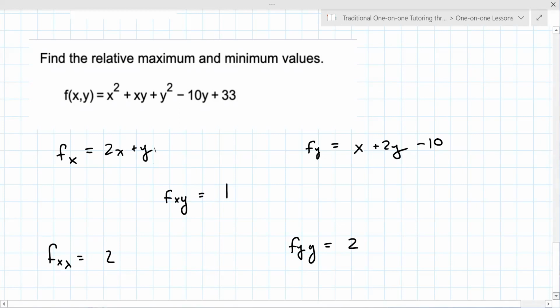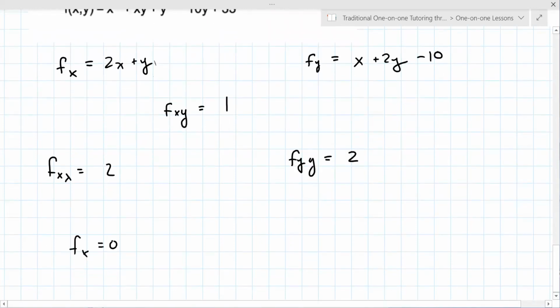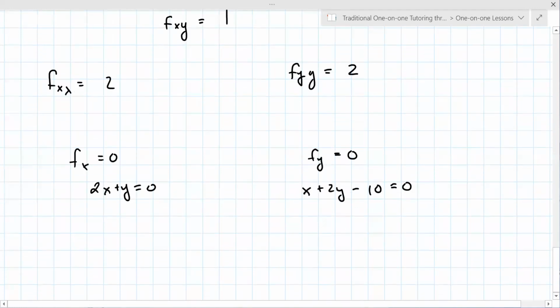So your process now is to set fx equal to 0 and fy equal to 0. These lines up here basically. Think of it as a system. Sometimes the system is nice, sometimes it's not nice, but that is the nature of these problems. So it's 2x plus y equals 0, x plus 2y minus 10 equals 0. When you have a linear system, your options are substitution, elimination, or, if you're allowed to use a calculator, matrices.